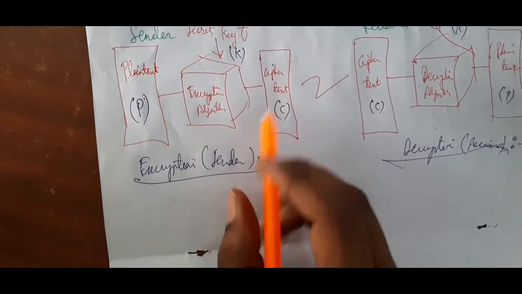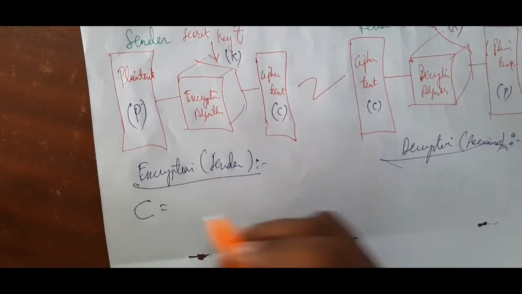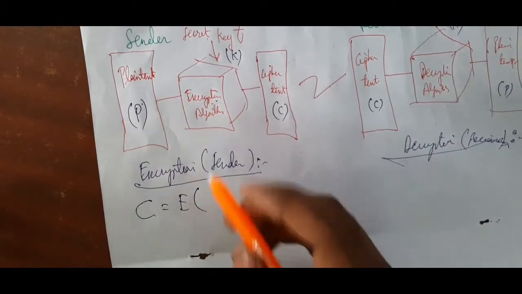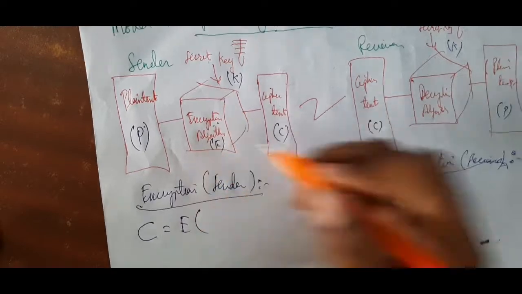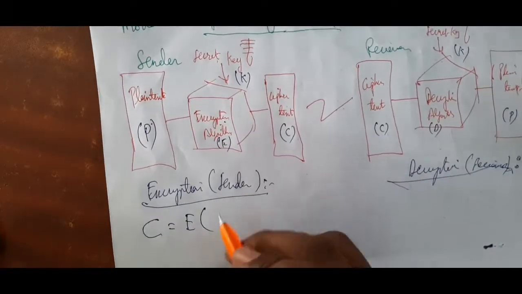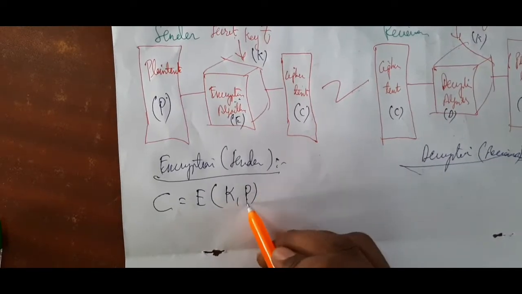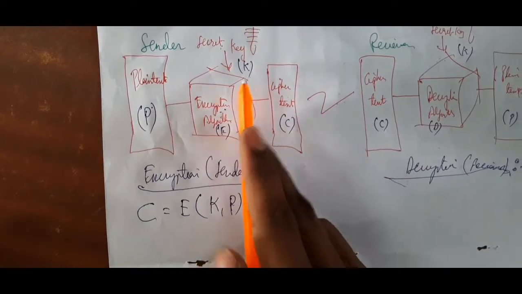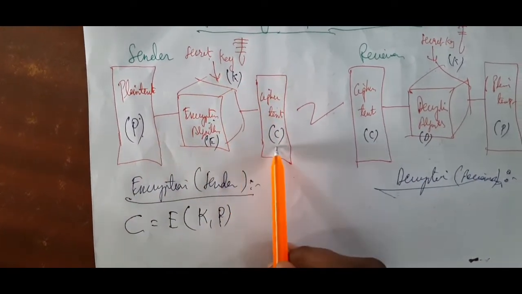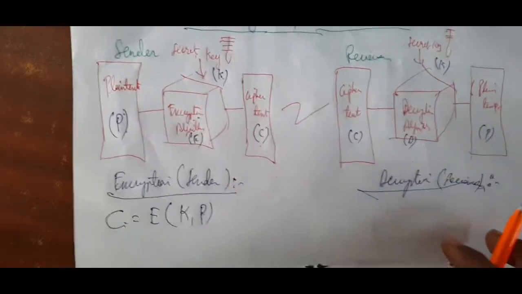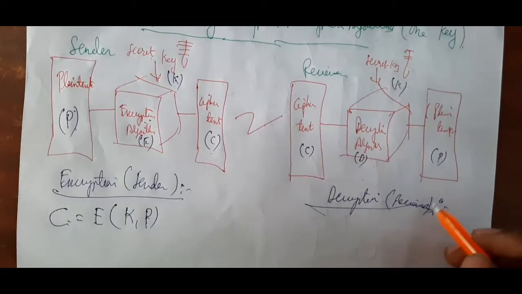So what is encryption? You are going to get the ciphertext with the help of encryption E, and this is decryption. So encryption is E of K comma P. You're taking the plain text with the help of a key, and you're going to get the ciphertext. So this is encryption at sender side and decryption at receiver side.